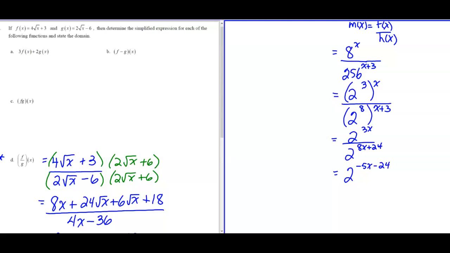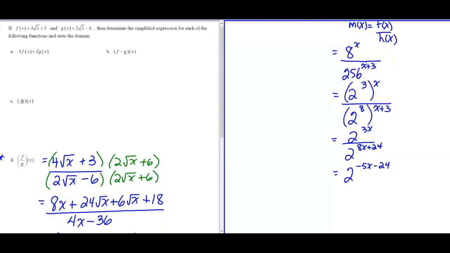I don't know how many times students will tell me this answer is 2 to the negative 5x plus 24. Remember, you subtract everything here. So 3x minus 8x is negative 5x minus 24.